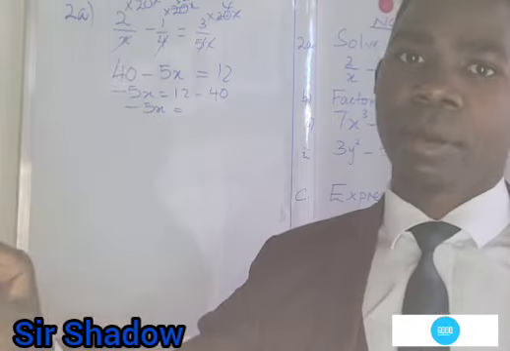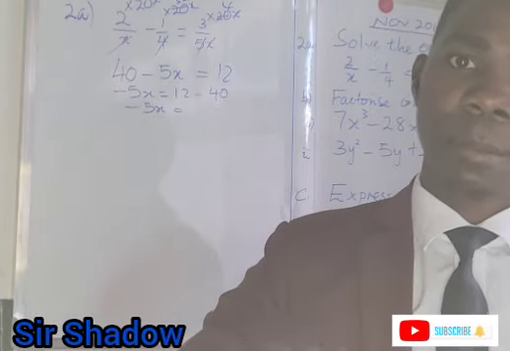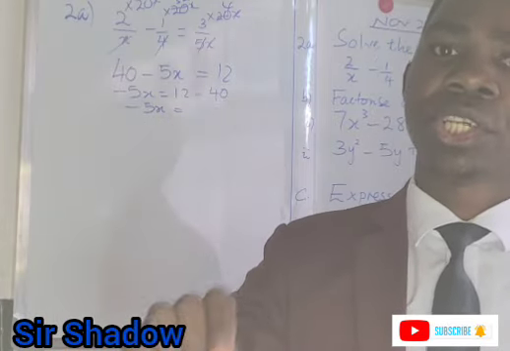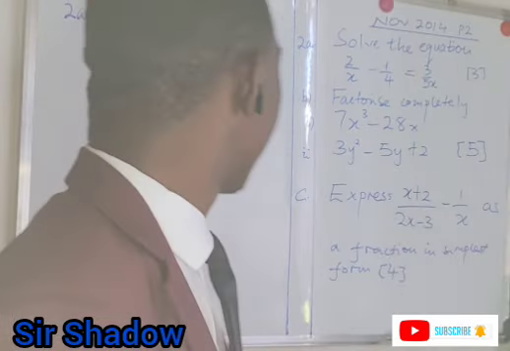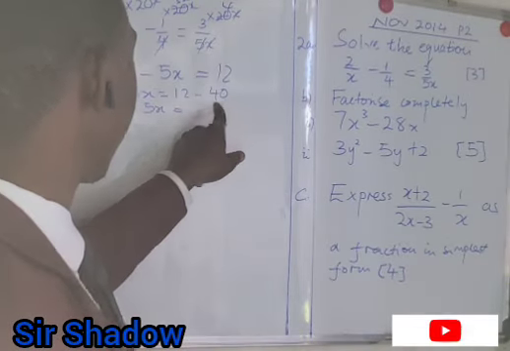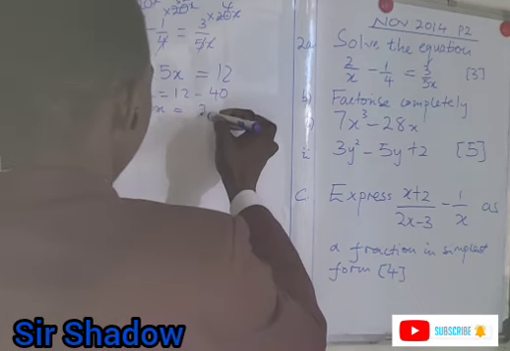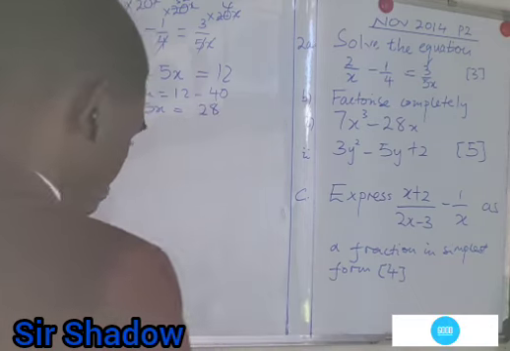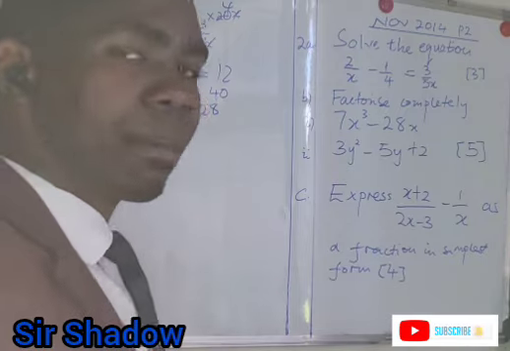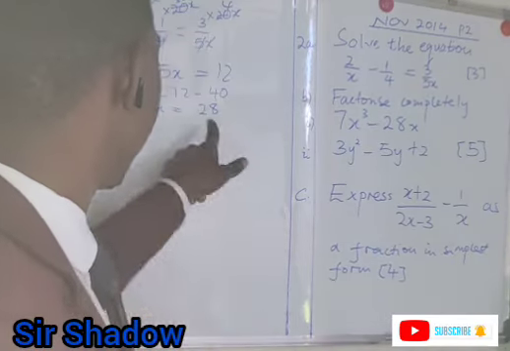So the larger number will subtract the smaller number, then take the sign of the bigger number. So we are saying 40 minus 12 to give us 28. But remember, the sign of the bigger number here is negative, right?